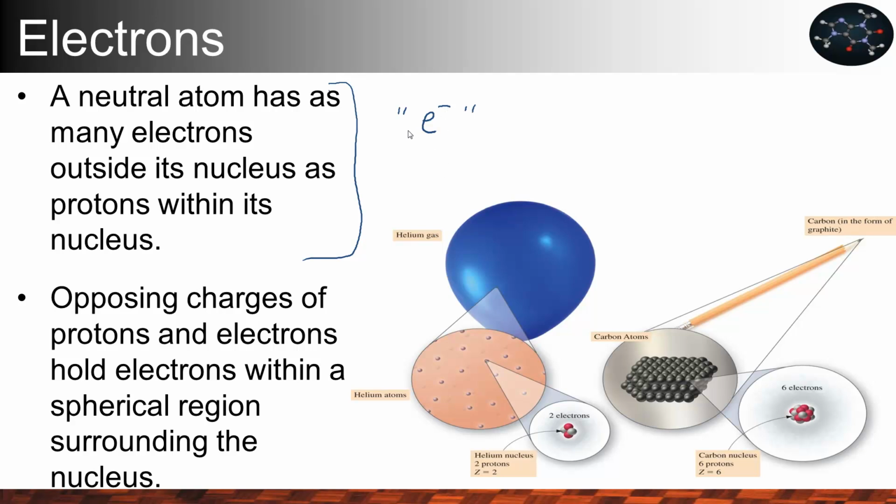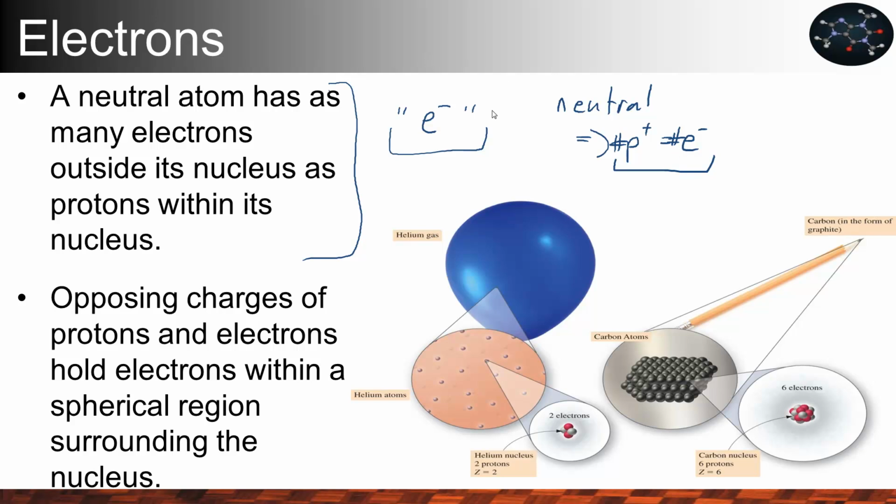So a neutral atom, one that has no net charge to it, will have the same number of protons as electrons. Okay? So we'll have the same number of each. That way, for every positive charge we have one negative charge on top of that.